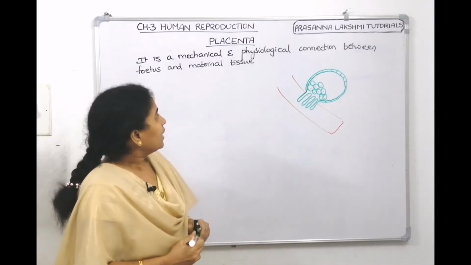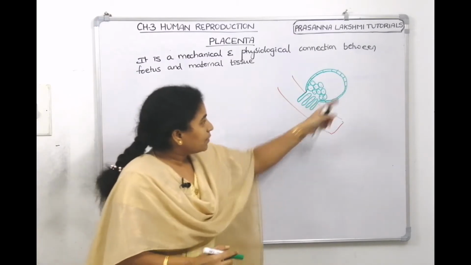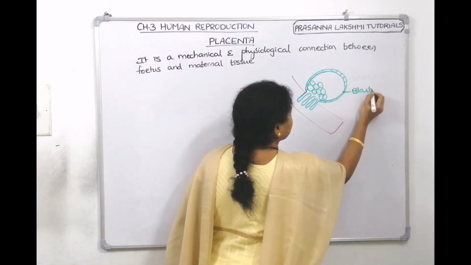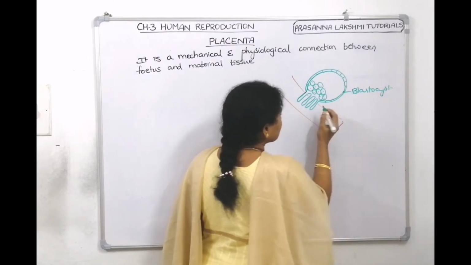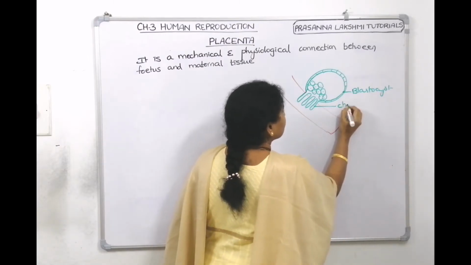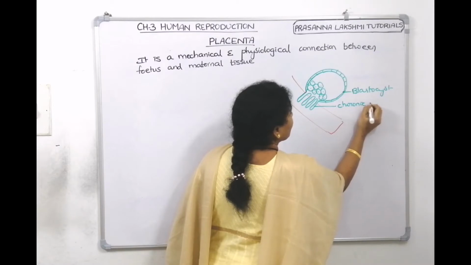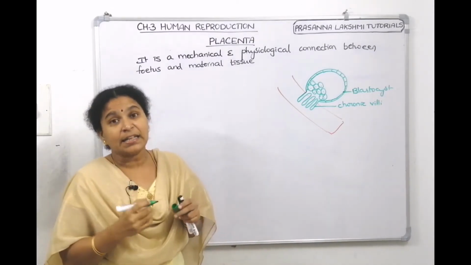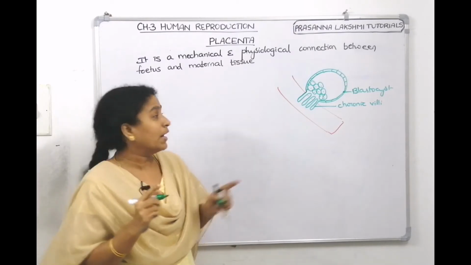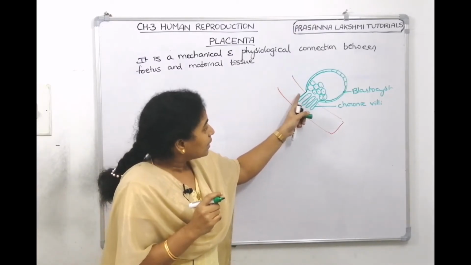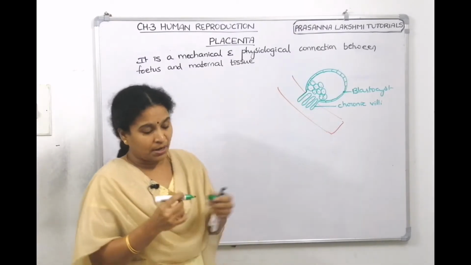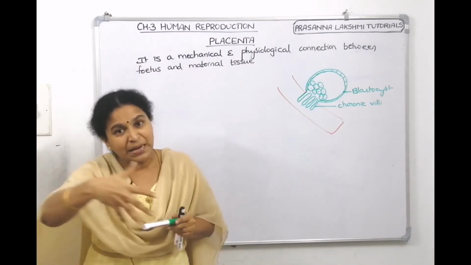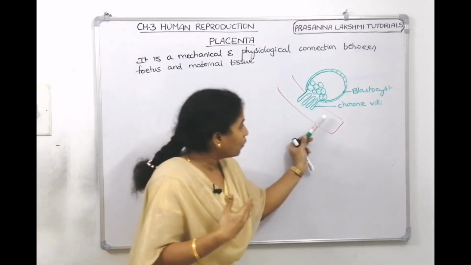This is the endometrium. Now, when this is the fetus or blastocyst, the blastocyst is projecting and making chorionic villi. The blastocyst will secrete certain lytic enzymes. The lytic enzymes will dissolve certain regions of the endometrium so that this finger-like projection, the blastocyst, can penetrate and make chorionic villi.